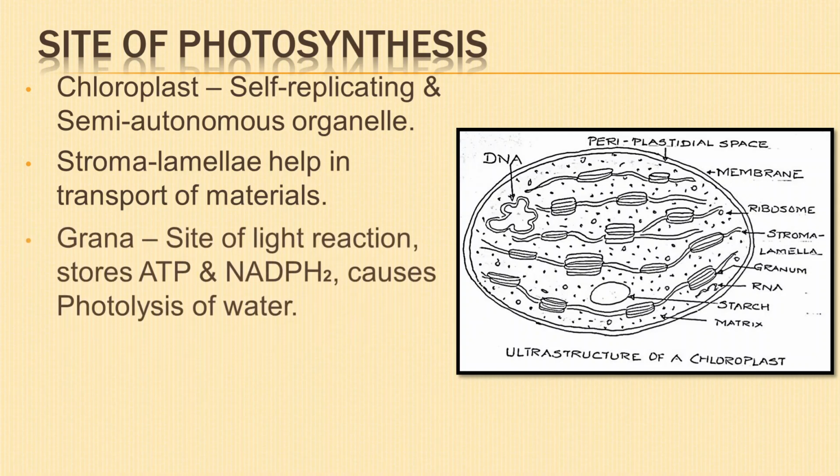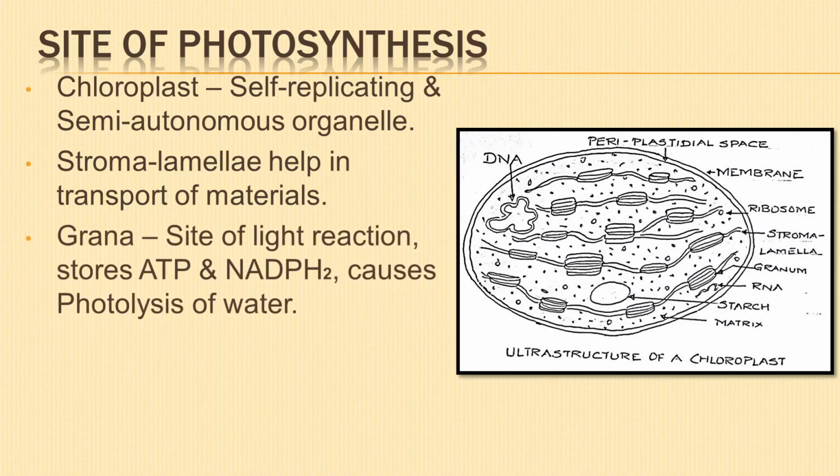The grana are the site of light reaction of photosynthesis. It stores energy in the form of adenosine triphosphate, ATP, and nicotinamide adenine dinucleotide phosphate hydrogen, NADPH2, and is responsible for photolysis of water. Dark reaction occurs in the stroma.